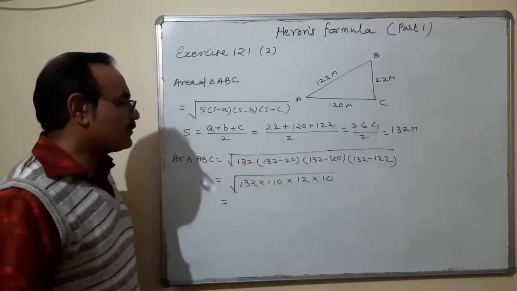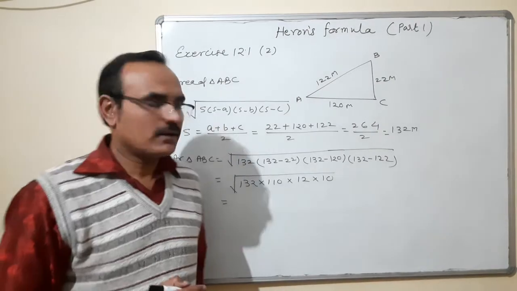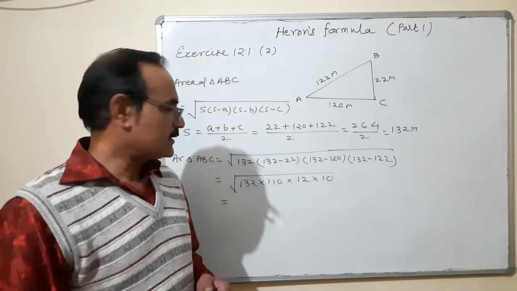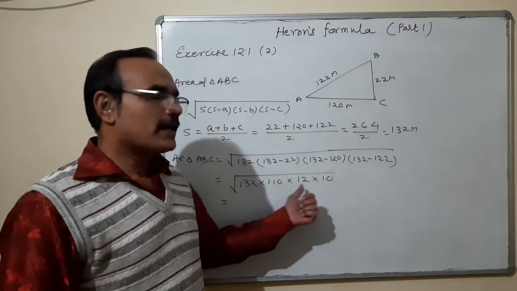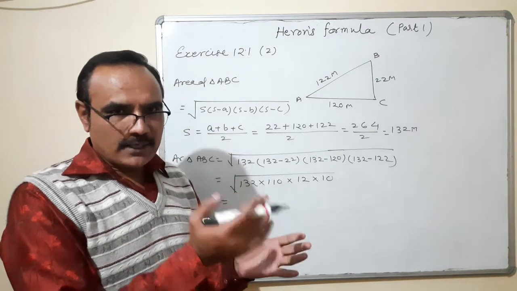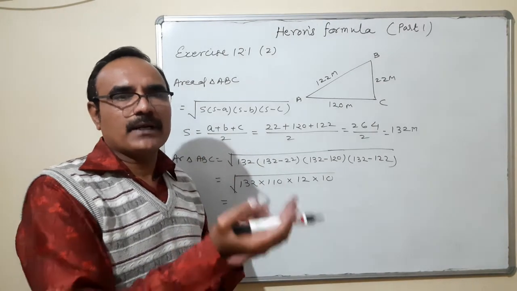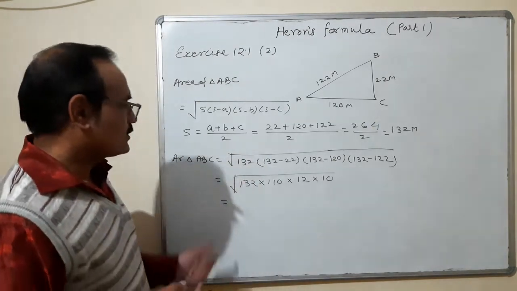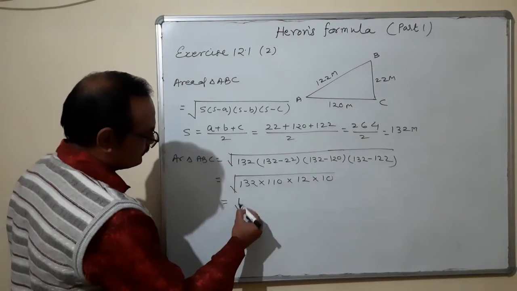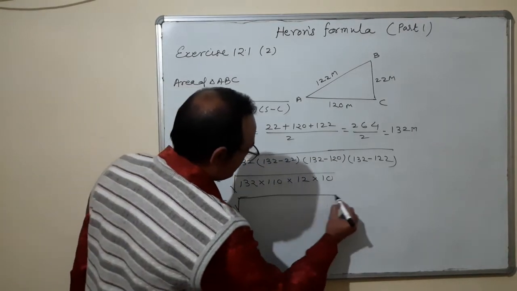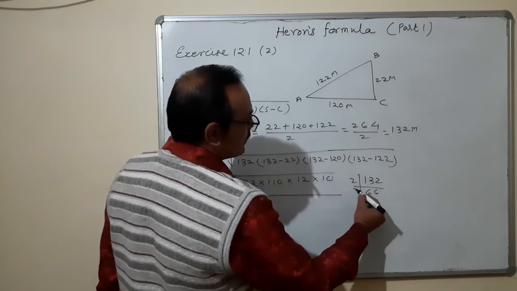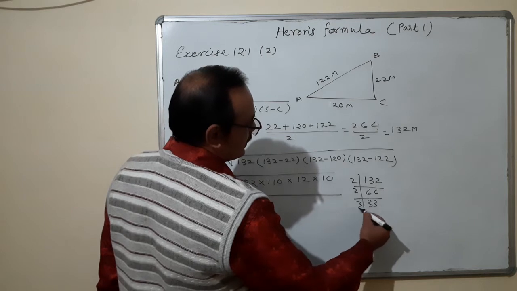After this step, we have two different ways for solving the question. Number one, either you can multiply all the terms and find the square root of it, but it is a lengthy process. The second procedure is we find the prime factors of all the terms and make pairs of them, and whatever terms have a complete pair, we take outside of the root. Okay. So we are using the second method, finding the square root of 132. 2, 2, 6 are 12, 2, 6 are 12, 33, 3 that is 11.